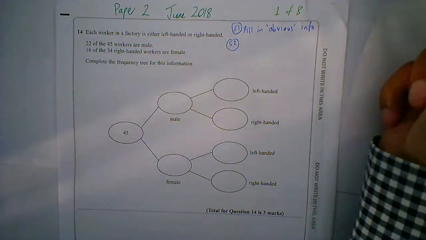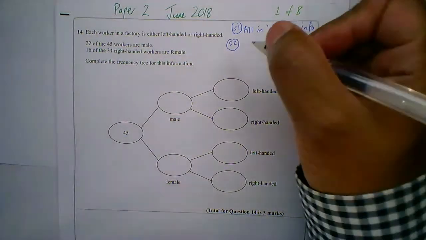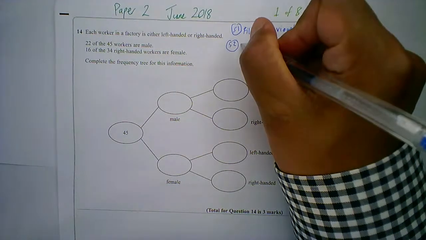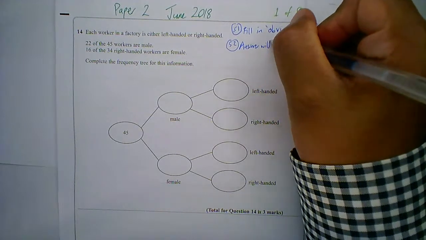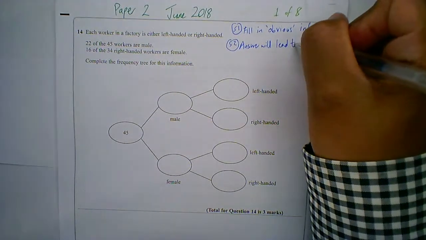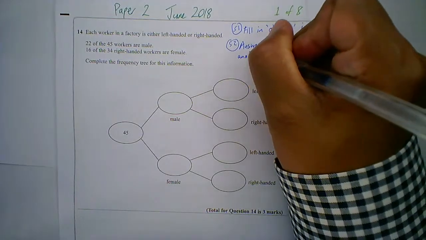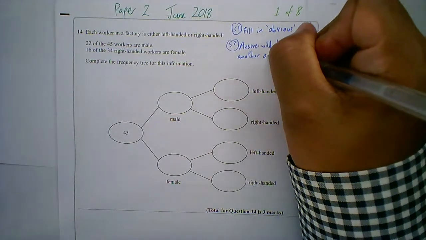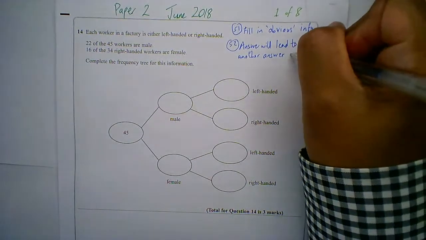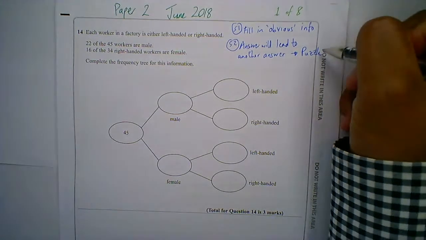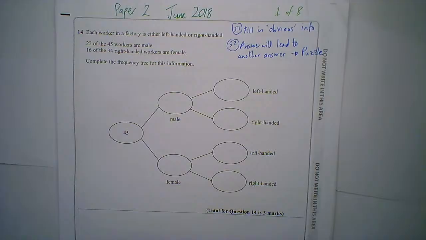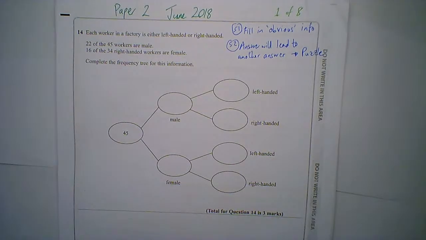So step 2 is one answer will lead to another answer. So it's like a puzzle. One piece leads on to another piece. So let's go through this.